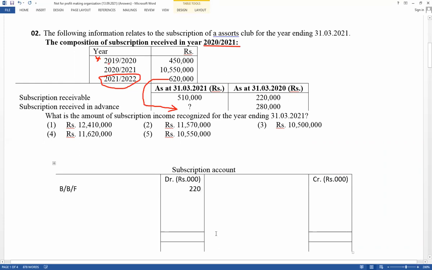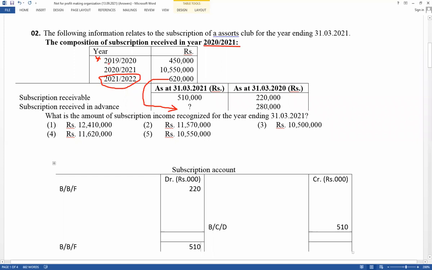Subscription receivable assets, balance carried down from credit side to debit side. Therefore, balance carried down value equal 510, and it should be included debit side as a balance brought forward.